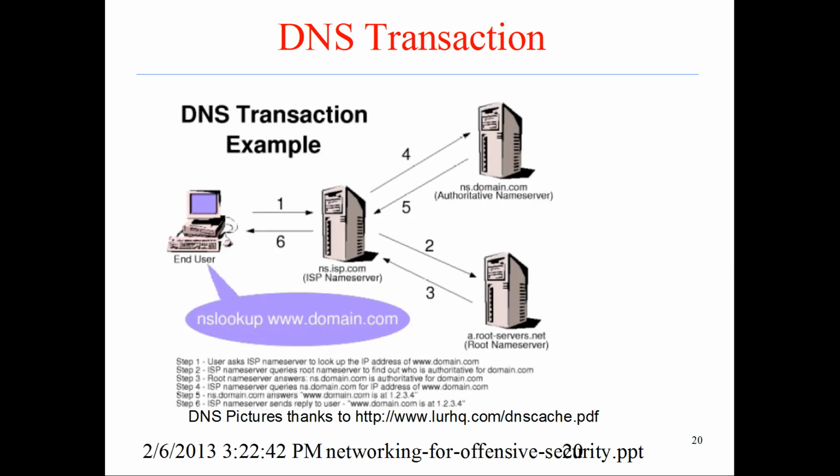Effectively, when a user tries to request, say, www.domain.com, its web browser or operating system is going to contact the closest name server it has, which is usually the DNS server provided by your internet service provider. Your computer will ask that name server to look up the address of domain.com. If it has it in its DNS cache, it will reply that domain.com is at x.y.z.w IP address.